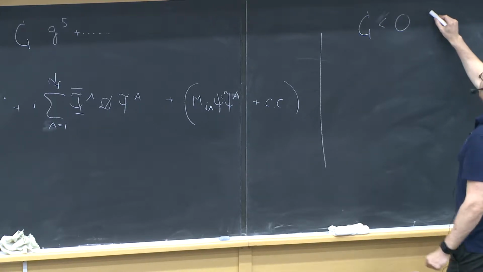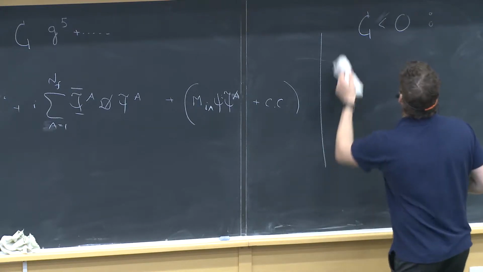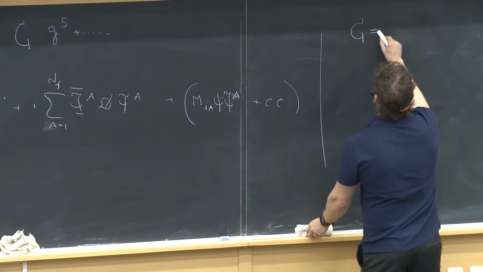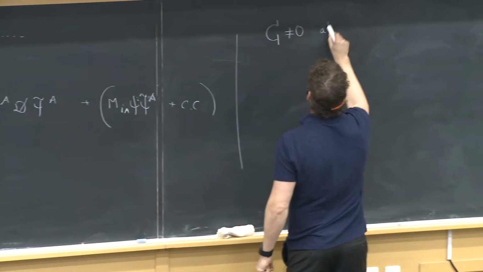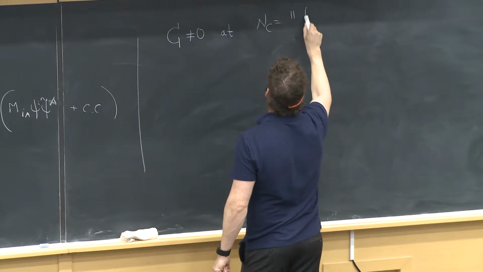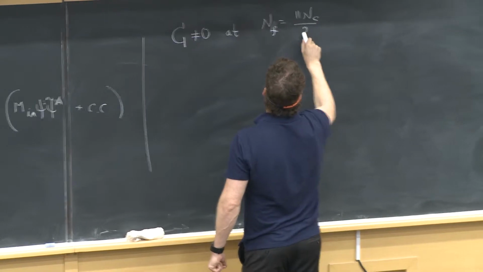So what would we conclude if c were negative? If c were negative, I'm going to make two assumptions. One is that c does not vanish at NF equals 11 NC over 2.